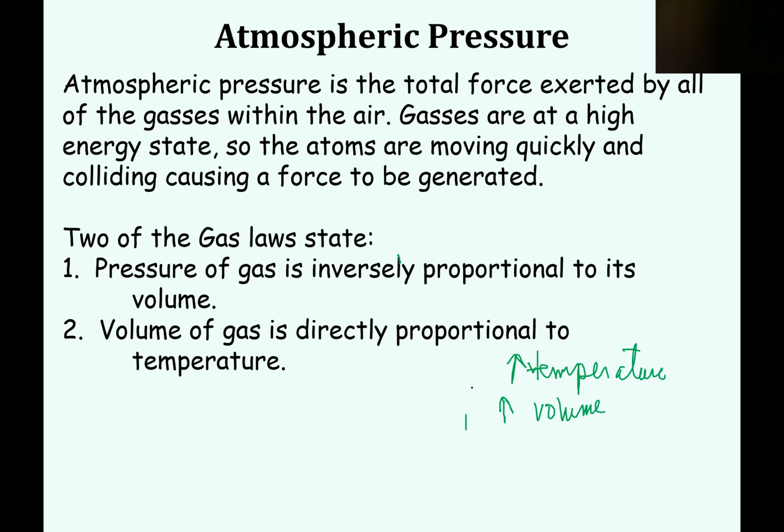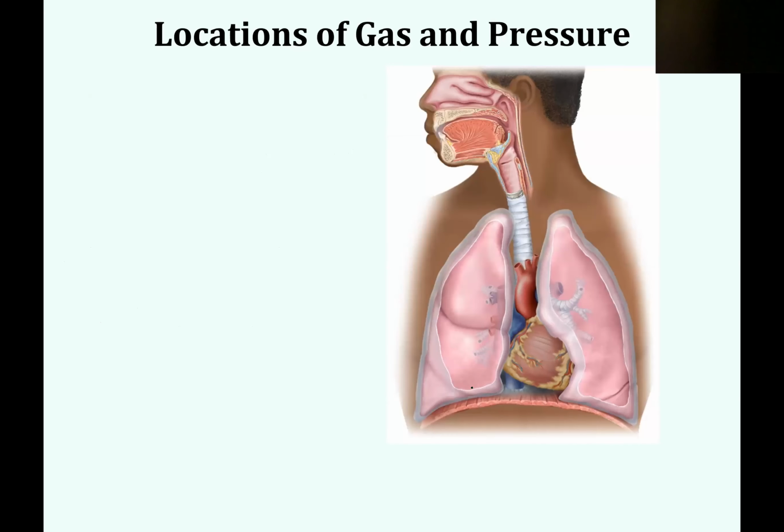Okay, so locations of gas and pressure and how they're changed. Your first location is atmospheric pressure. Atmospheric pressure can be altered by altitude. The closer you are to the surface of the planet, the more pressure you have.